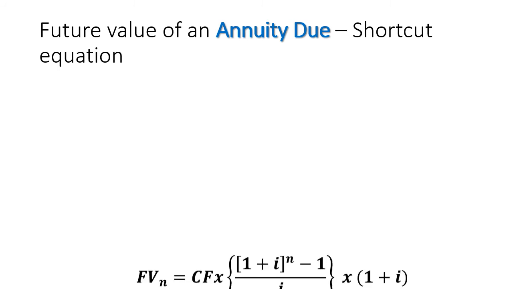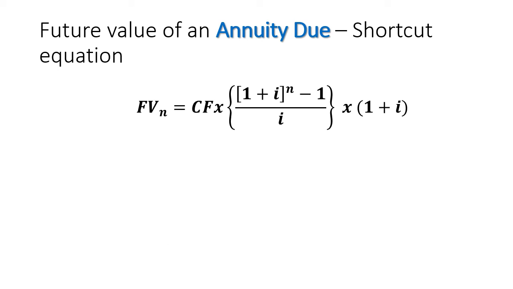Shortcut equation to calculate the future value of annuity due equals the equal cash flow, in our case the deposited amount of 1,000 each year, multiplied by (1 plus interest rate) power n minus 1, divided by interest rate.